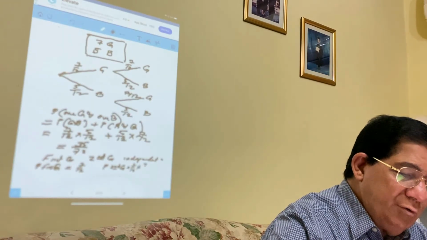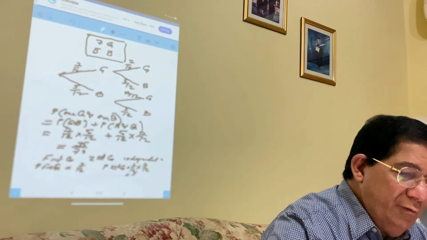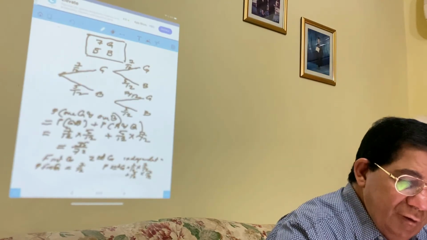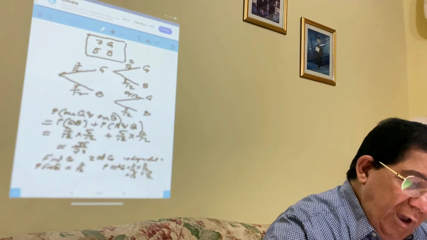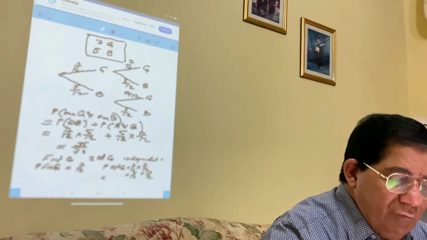times 7/12 plus 5/12 times 7/12. If we add this, we can take 7/12 as a common factor.